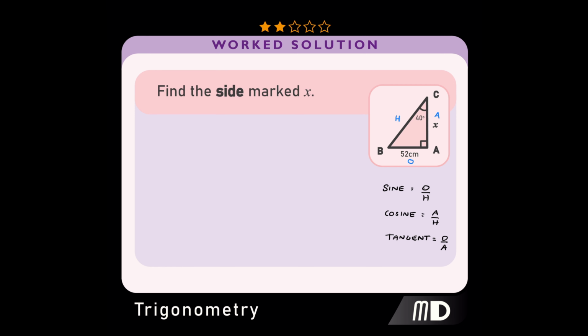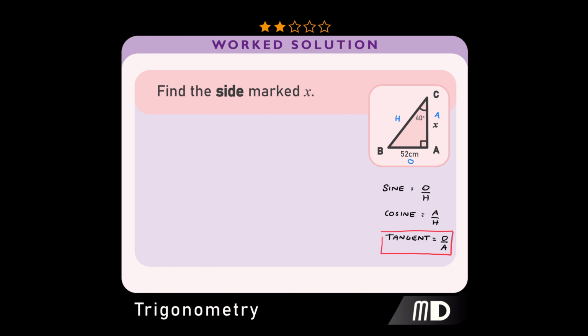In this question, we've been given the length of the opposite side and been asked to find the length of the adjacent side. So it's appropriate to use the tangent ratio.